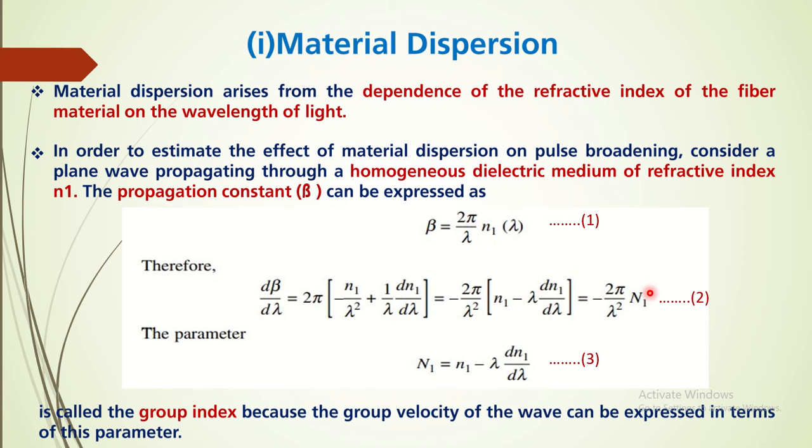This capital N1 is the group index, because the group velocity of the wave can be expressed in terms of this parameter, where group index N1 equals n1 minus lambda into dn1 by d lambda. This is equation 3. So the first equation is your propagation constant beta, the second expression you get by differentiating beta with respect to lambda, and the third expression is your group index parameter, capital N1.